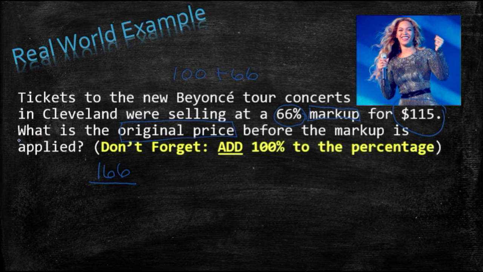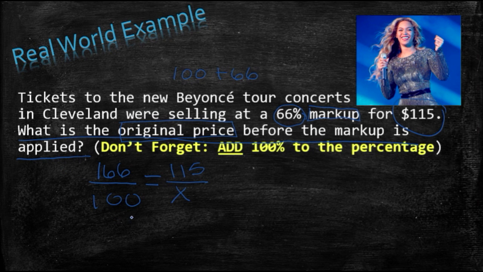And then, of course, your question is what was the original price? Okay, so you should have had 166 is equal to 115 over x. When you solve this, you would have gotten something like this.